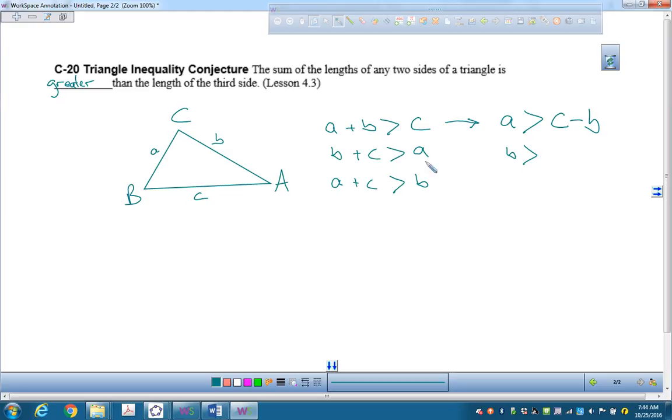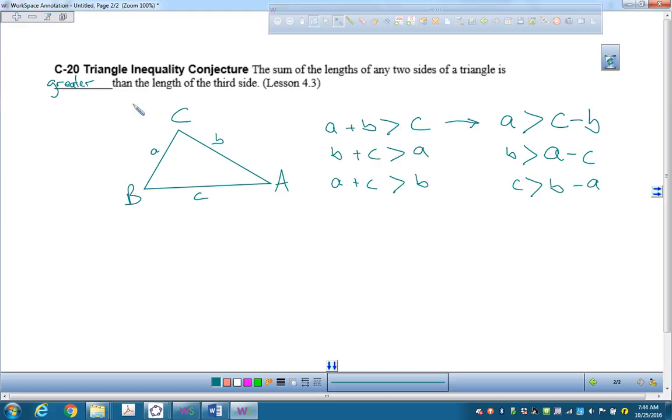If I subtract c from both sides, I get that b has got to be greater than a minus c. And if I subtract a, I get that c has got to be greater than b minus a.